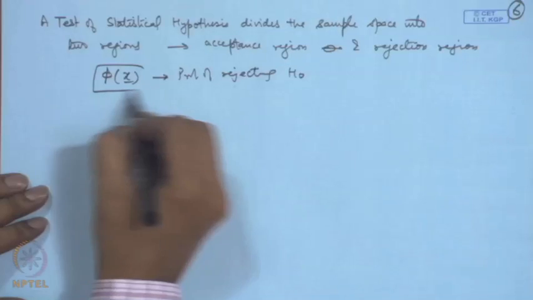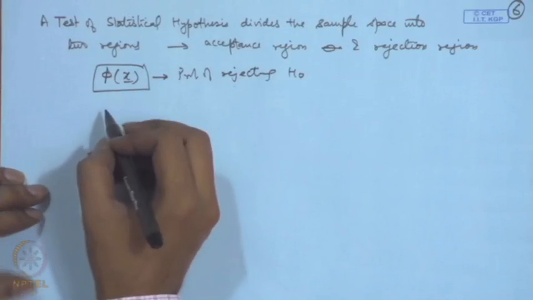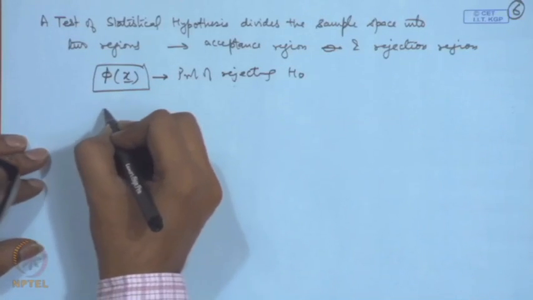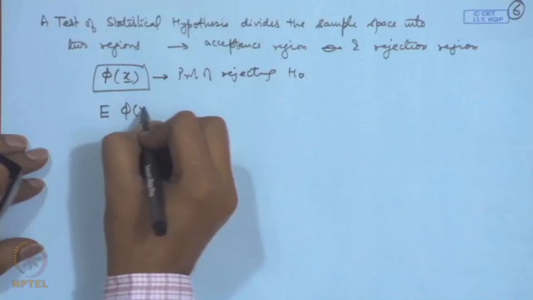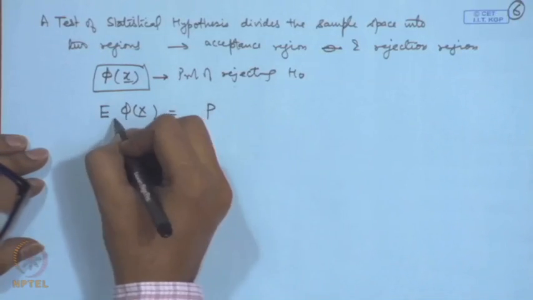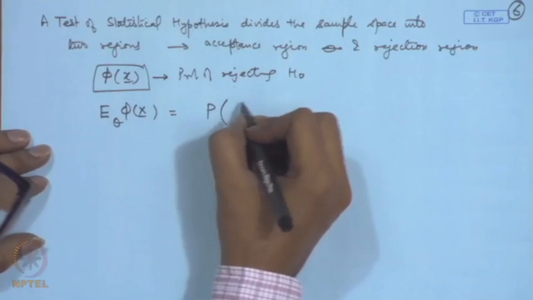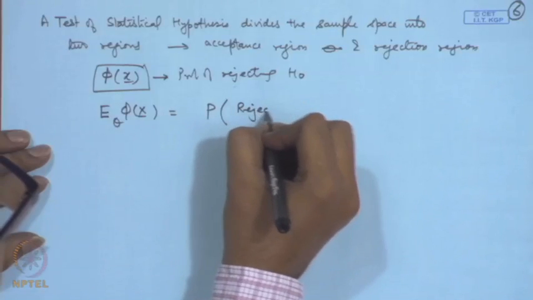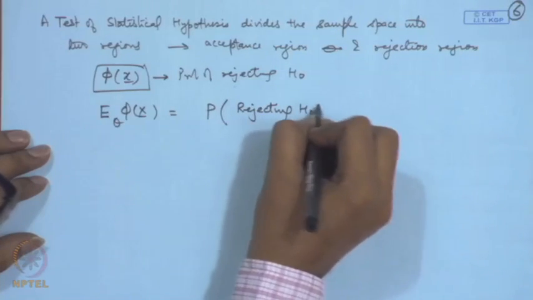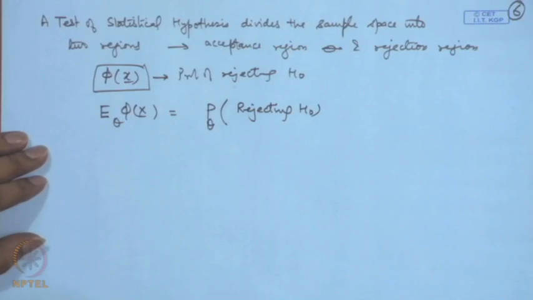So, we are actually assigning a function here and we are calculating the expected value of phi x, that is equal to the probability of rejecting H naught when theta is the parameter value.